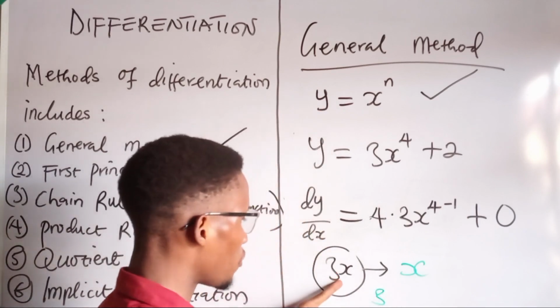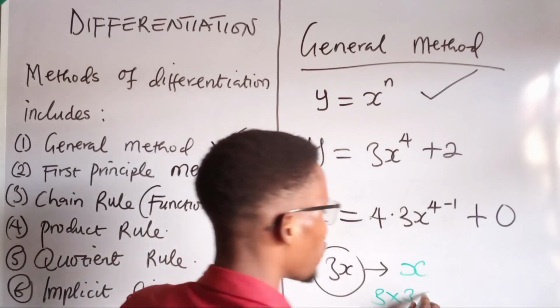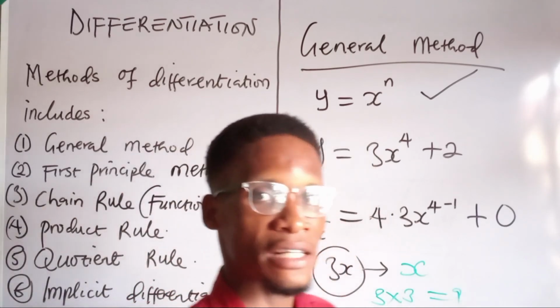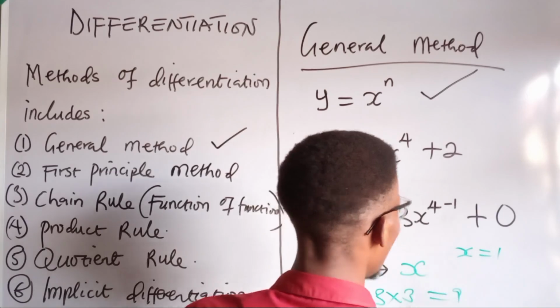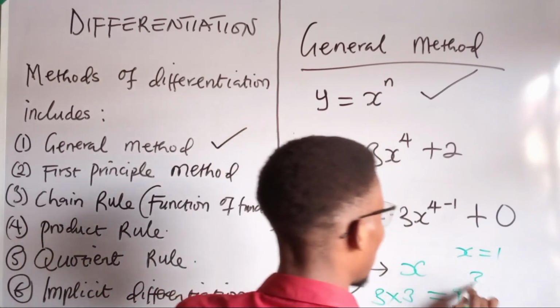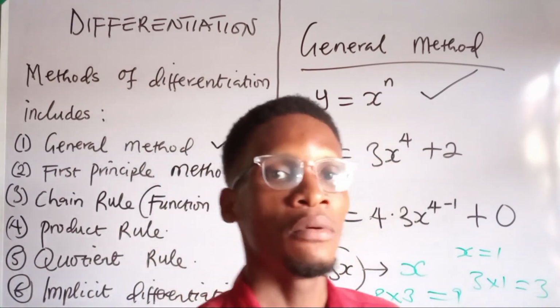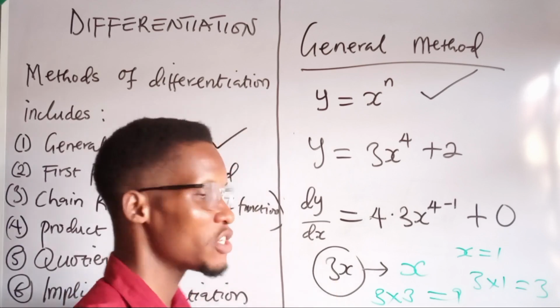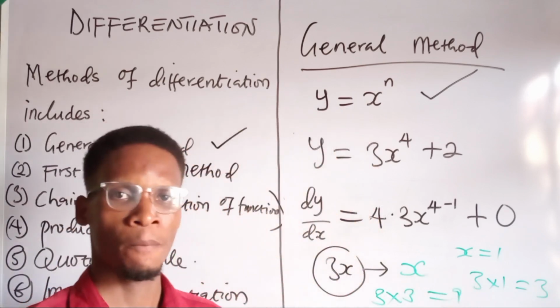It means that the value of this will now be 3 times 3, which will give us 9. So let's say x is given as 1. If x is given as 1, it means that the value here should be 3 times 1, which will give us 3. Can you see how the value of 3x is changing with respect to the value of x?